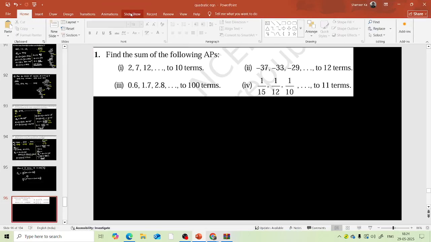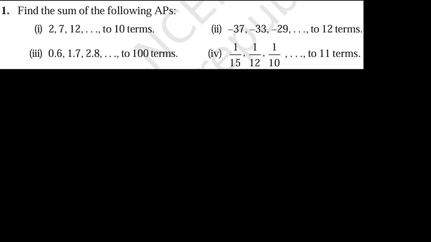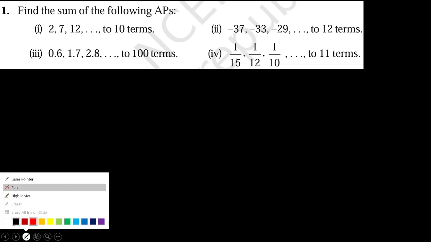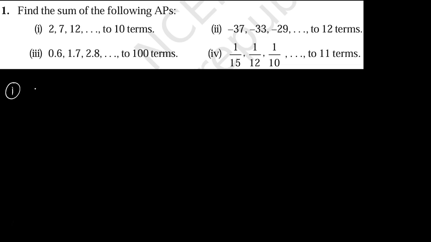This one, look at this question. All of you please listen. I will give you problems, okay? Find the sum of the following arithmetic progressions. First one is 2, 7, 12, etc. to 10 terms. We have to add all these numbers. That is a question. The first question is 2 plus 7 plus 12 plus etc.